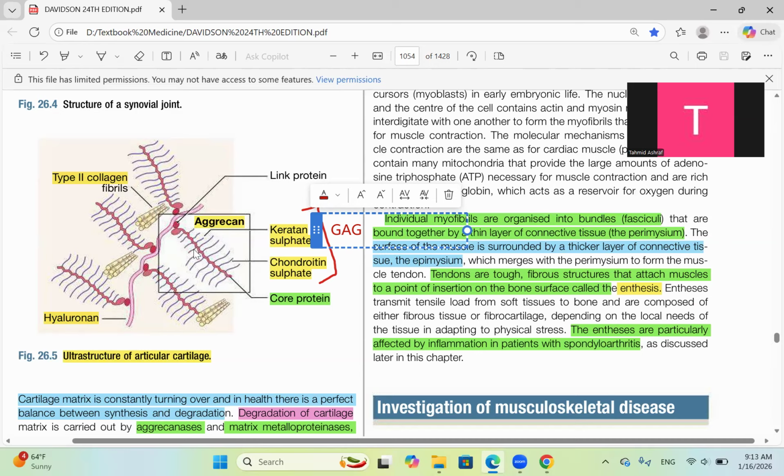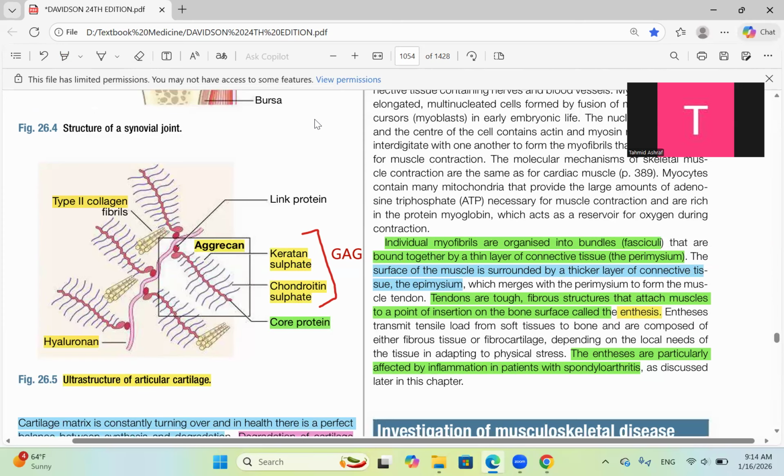The side chains are called glycosaminoglycans, and they are of two types: the shorter ones, keratan sulfate, and the longer ones, chondroitin sulfate. This is the core protein labeled here. And this is the hyaluronan, or hyaluronic acid, another component of articular cartilage.